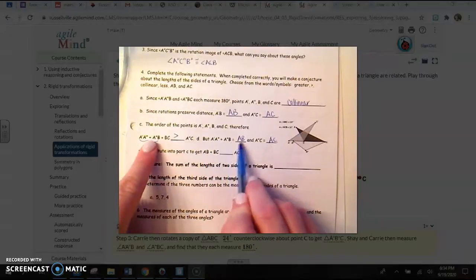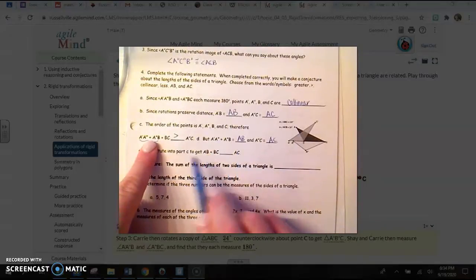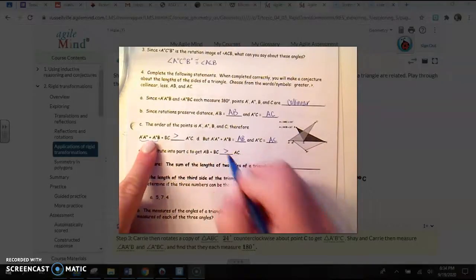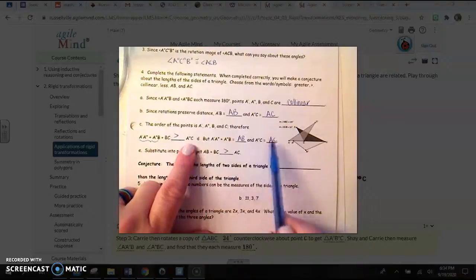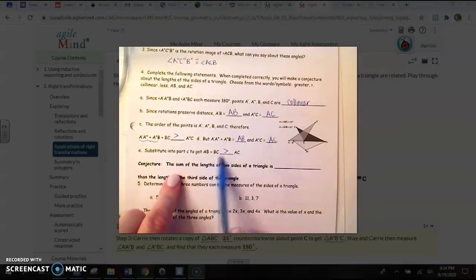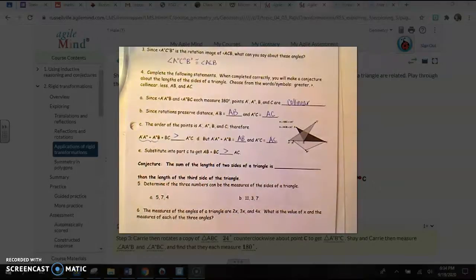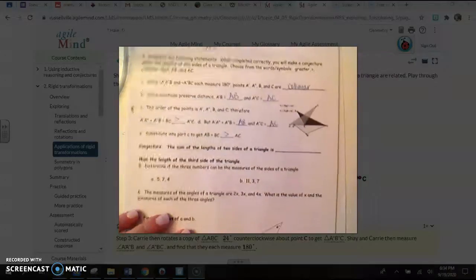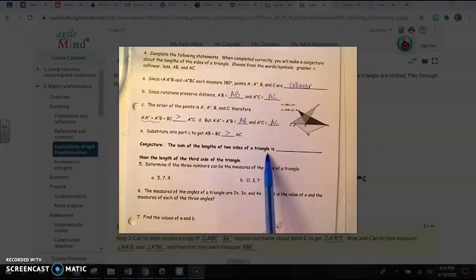And here's that BC, and then we're going to put our greater than symbol, and instead of A double prime C, we're putting what it's equal to, which is AC. So that's where this AB plus BC is greater than AC comes from, which allows us to come up with this relationship about the lengths of the sides of a triangle.